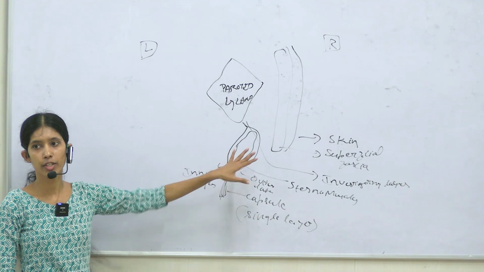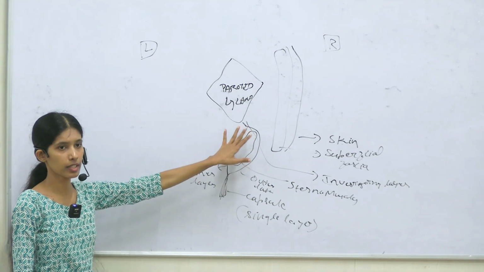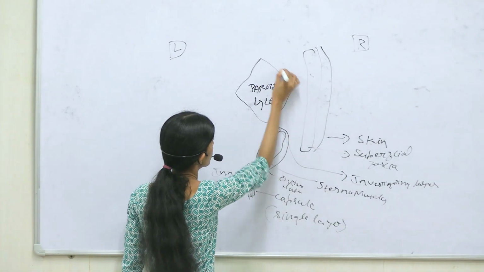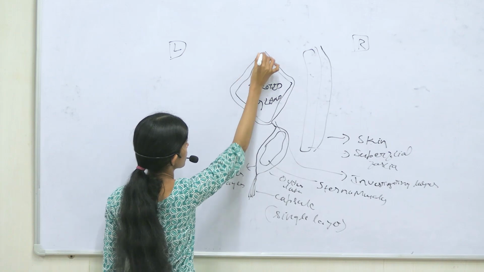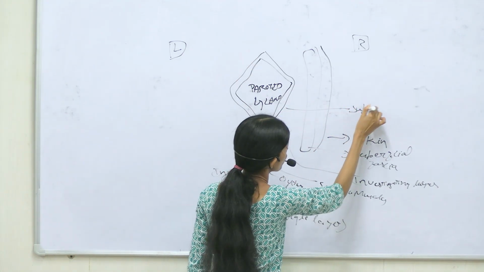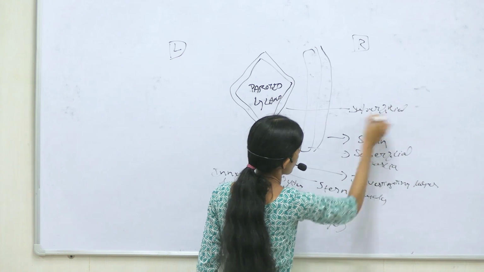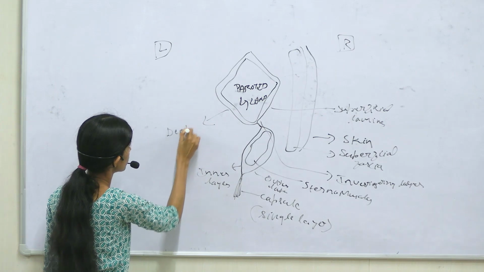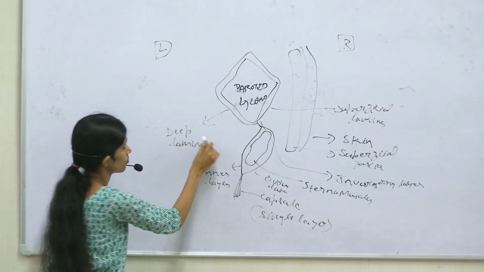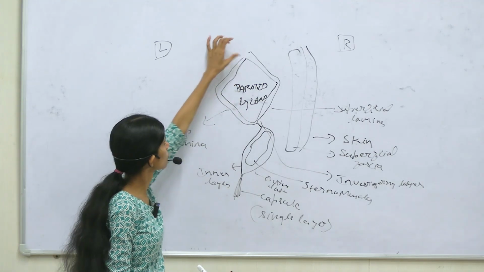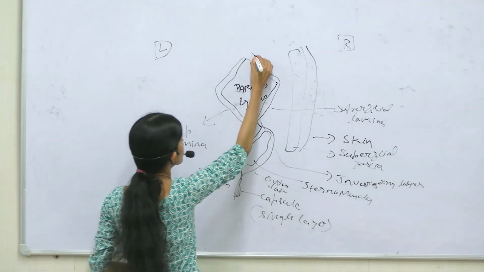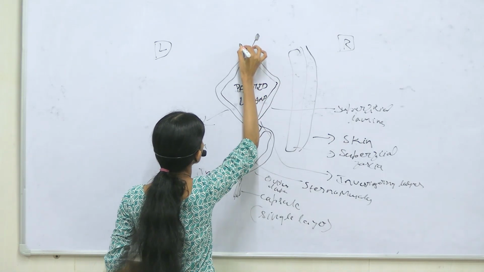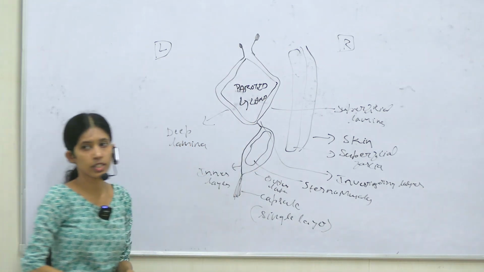After covering your muscle, it will again combine. Before covering your parotid gland, it will again split into two layers. Here it is called the superficial lamina and this part is called the deep lamina. Is it clear for everyone?